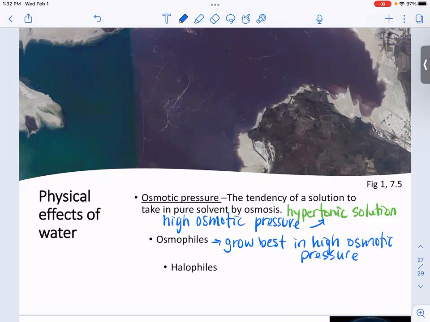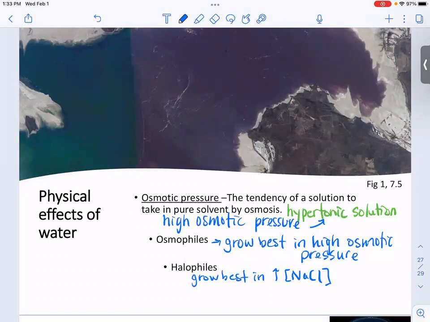Sometimes they concentrate solutes inside of the cell so that there's not such a difference between outside and inside of the cell. And then halophiles are osmophiles that specifically grow best in high concentrations of salt. Okay, so again, it's a specific kind of osmophile.